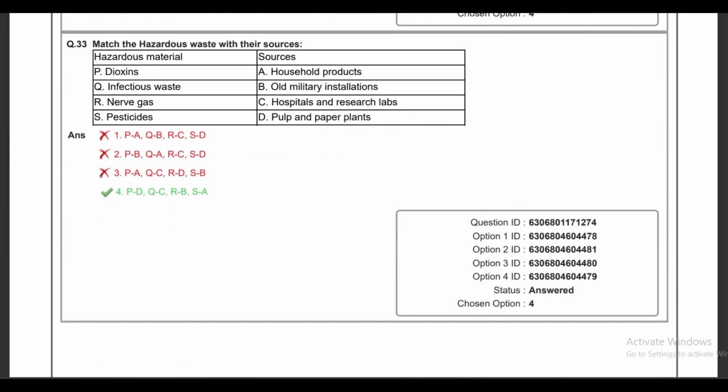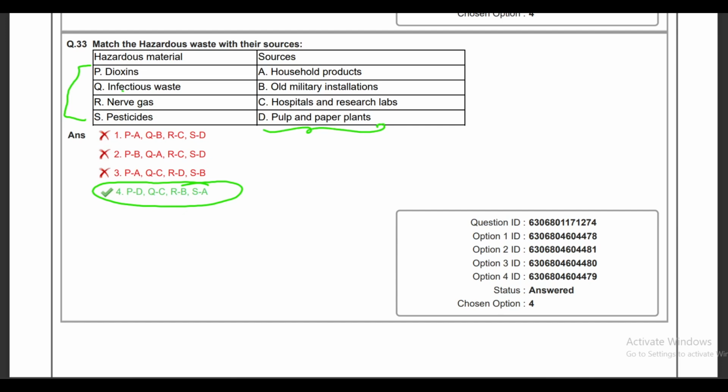In the next question, match the hazardous waste with their source. These are the materials that are hazardous and their sources. The fourth option is correct. For dioxins, their source is pulp and paper plants. Clear?